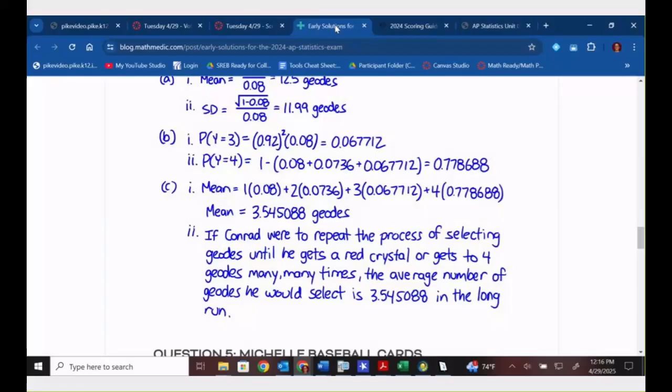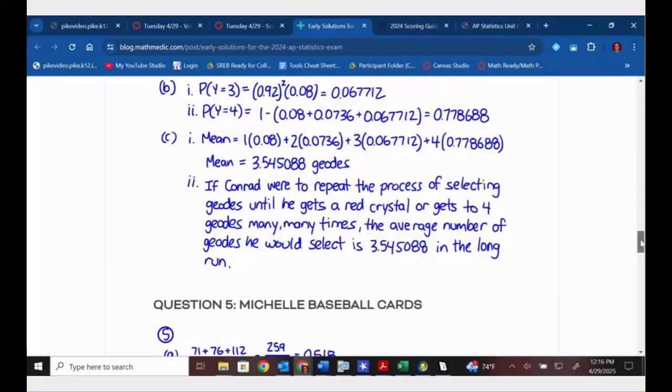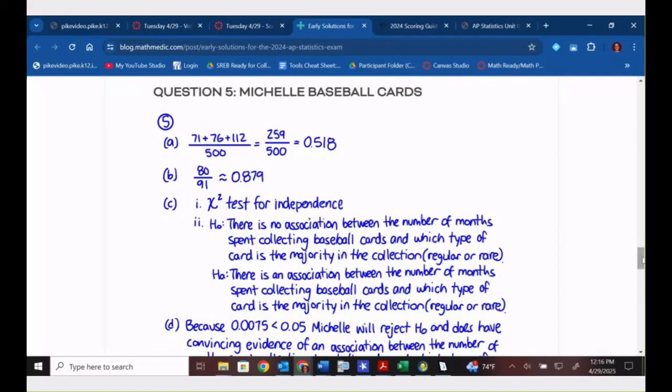Question number 5, part A, 71 plus 76 plus 112 over 500 gives us 0.518. Part B, 80 over 91 equals 0.879. Part C, chi-square test for independence. CII, the null hypothesis: there is no association between the number of months spent collecting baseball cards and which type of card has the majority in the collection, regular or rare.